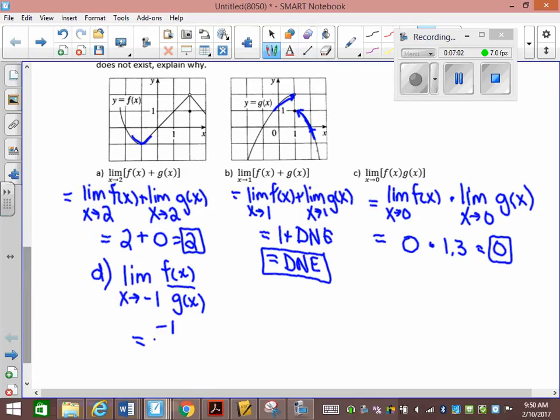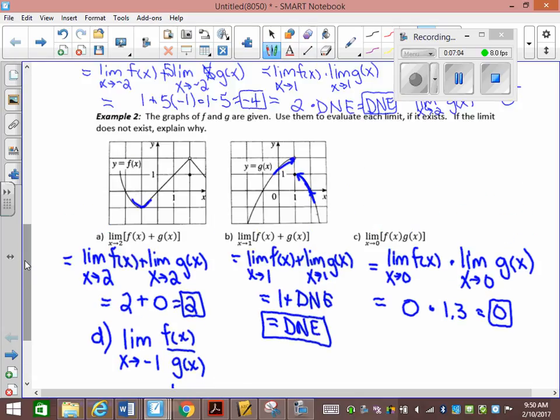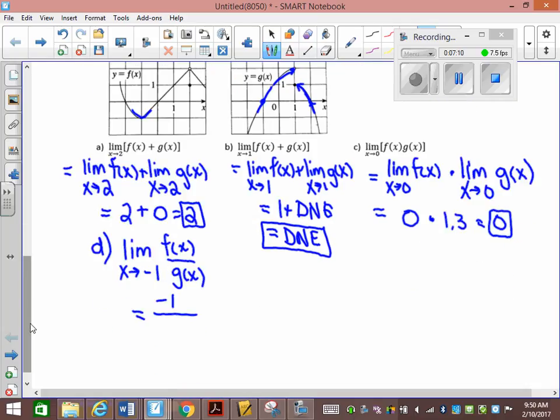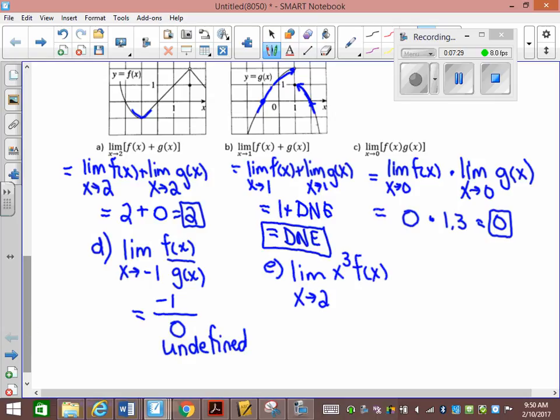So it's going to be -1 over g of x. From the left it's approaching 0, from the right it's approaching 0, so it approaches 0. So -1 divided by 0 is undefined.